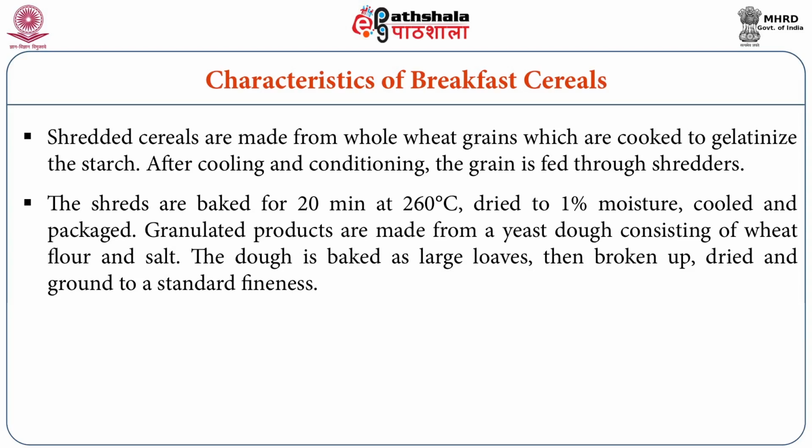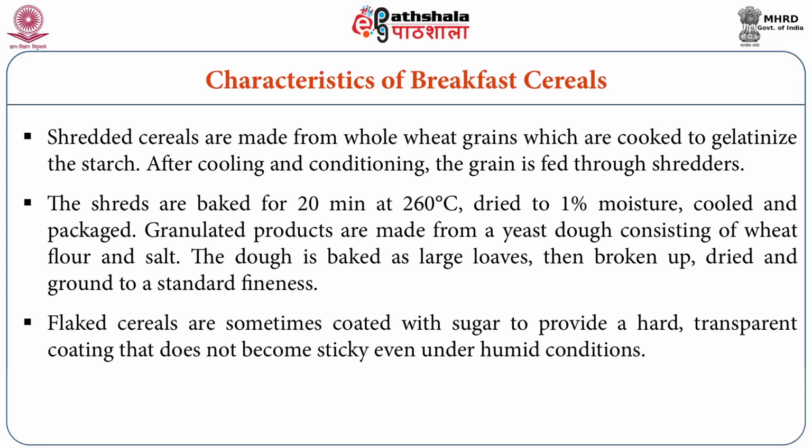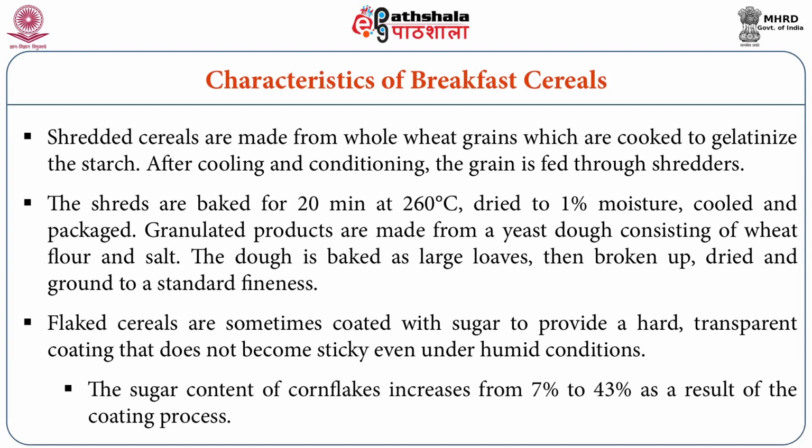The dough is baked as large loaves, then broken up, dried and ground to a standard fineness. Flaked cereals are sometimes coated with sugar to provide a hard, transparent coating that does not become sticky even under humid conditions. The sugar content of corn flakes increased from 7 to 43% as a result of the coating process.